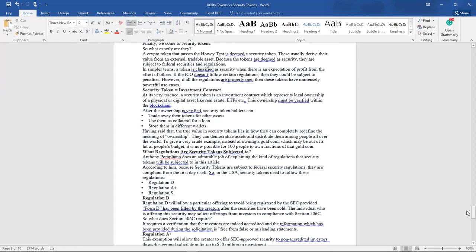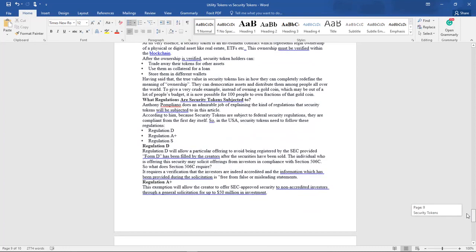The individual offering the security may solicit investors in compliance with Section 506(c). There are a lot of regulations created by the US government to govern security tokens, and they have to be followed. There is Regulation D, A, S.